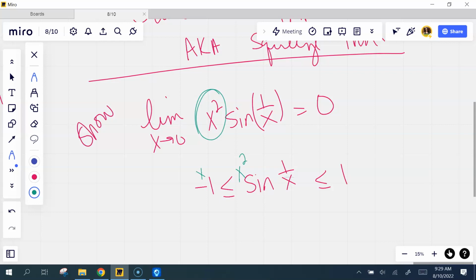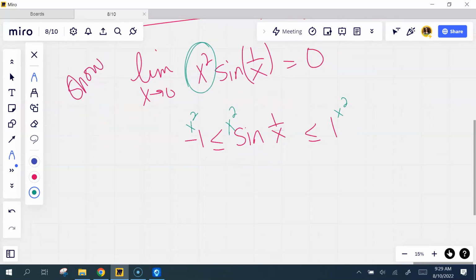So I'm going to multiply by x squared here and here. So the Squeeze Theorem says if the range of values for sine of 1 over x is between -1 and 1, then the range of values for x squared sine 1 over x must be between -x squared and x squared.